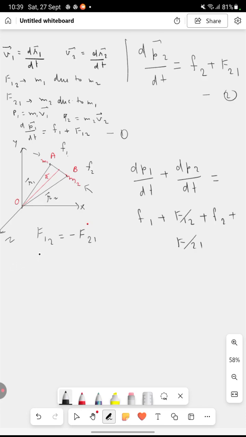So from here we get dp1 by dt plus dp2 by dt equal to F1 plus F2.